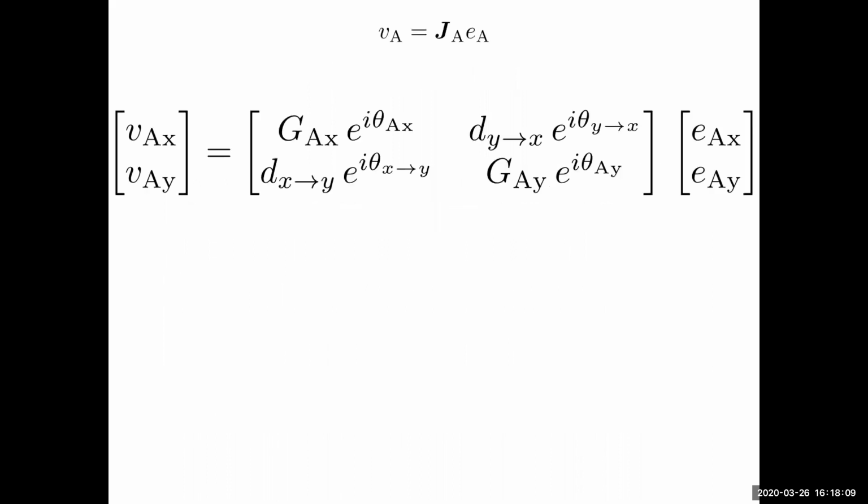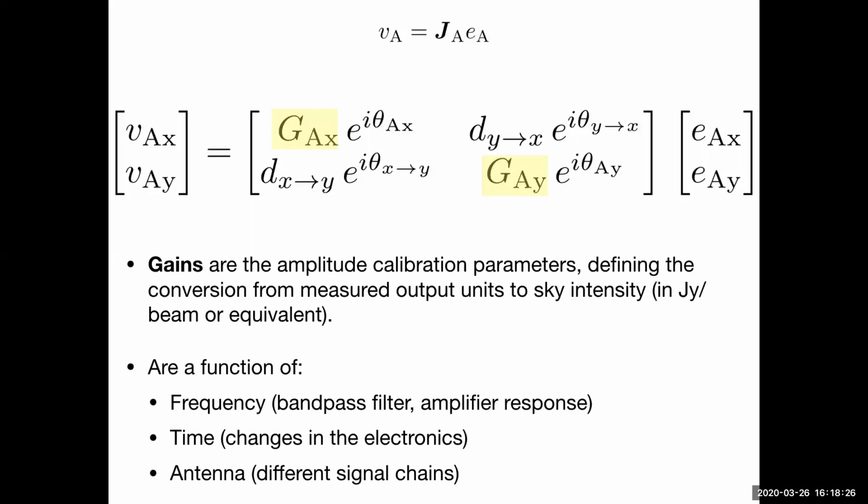If you expand it out a little bit, starting with the Jones matrix equation from before, expand it out in terms of the matrices, these are the parameters that we have to work with and the ones that we're trying to solve for. These can be lumped into different categories. There are the gains, which are the amplitude calibration parameters.